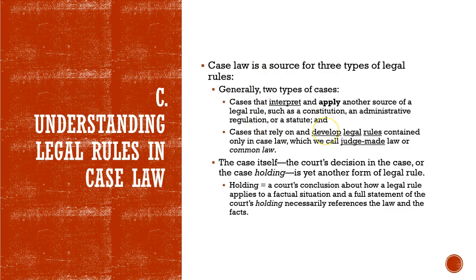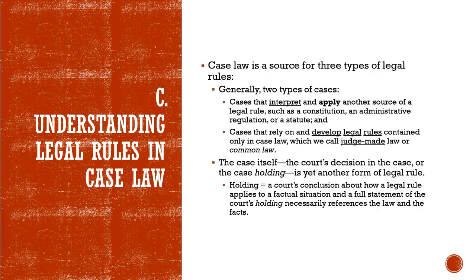All right, so there are generally 2 types of cases out there in the labyrinth of case law. Courts will interpret and apply another source of legal rule, such as a constitution, an administrative regulation, or a statute. So that's one type of decision, an interpretive decision where they're applying other rules besides cases. However, there are cases that rely on and develop legal rules, and those are contained only in case law.